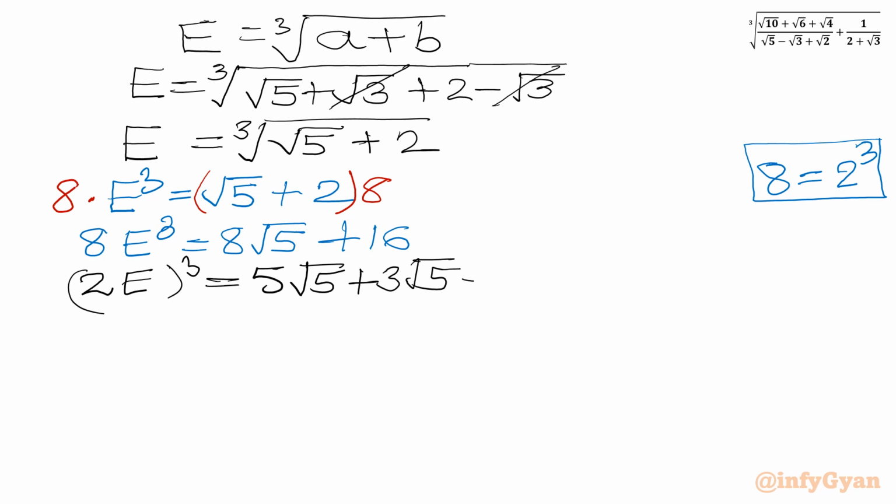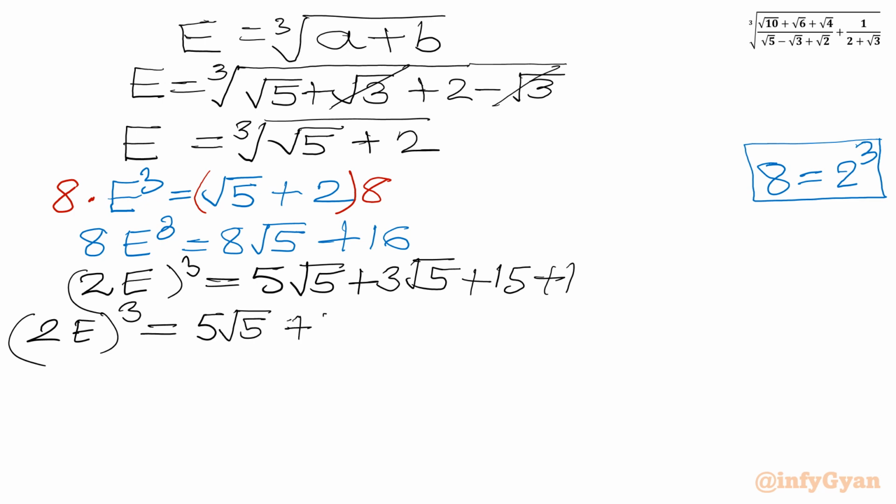And then 16 we can split as 15 plus 1. Now I can write 2E whole cube equal to, I will write 5 root 5 first, then 1, then 3 square root 5, and then 15.